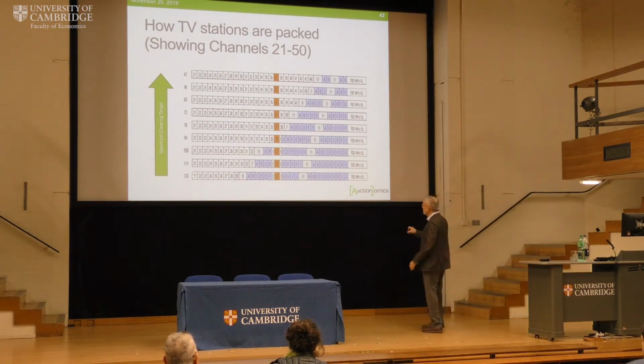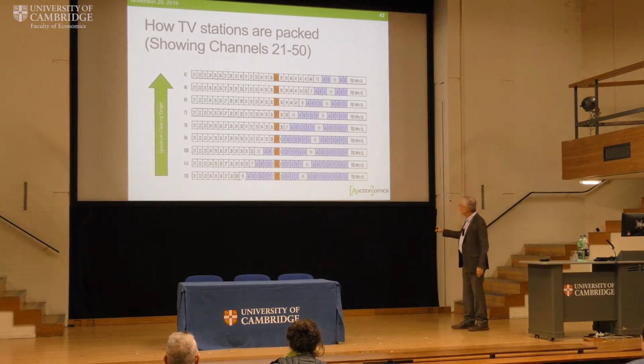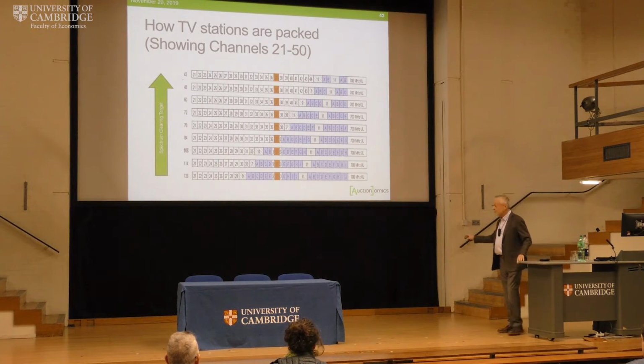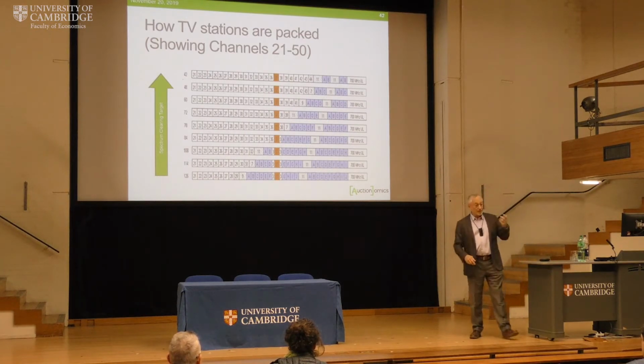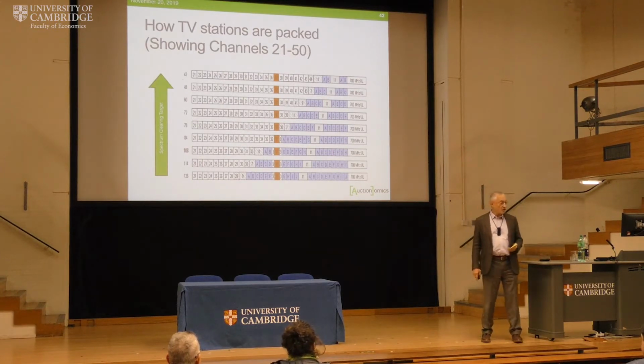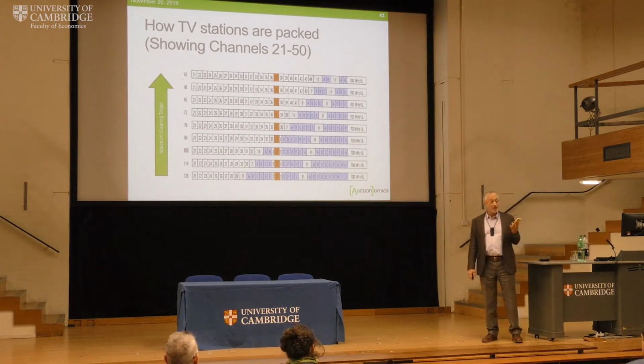So you can see here that channels 21 to 28 are going to continue to be used for broadcast television, and everything from channel 29 to 50 is now being used for something else. And many of you don't know anything about the technology of mobile devices, but for these bands, and through most of the bands that we use in Europe and North America, we use duplex technology.